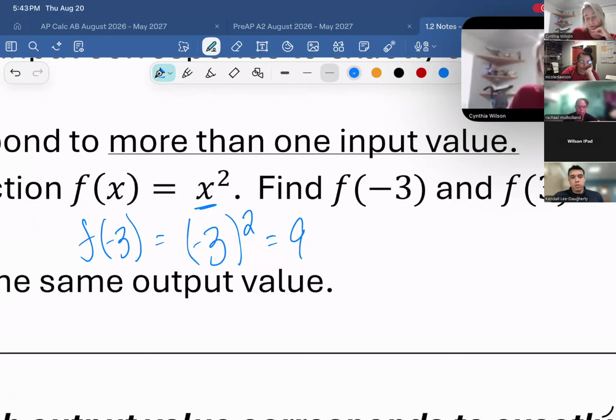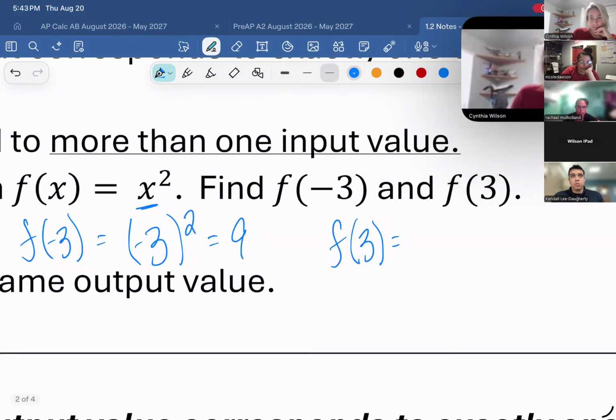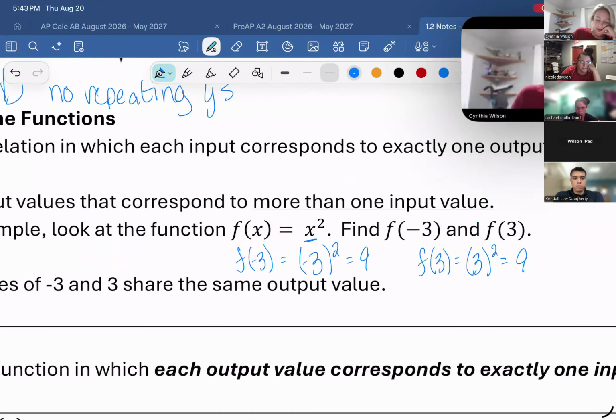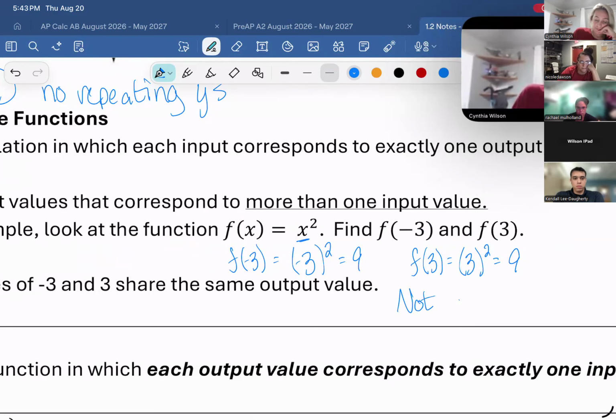Let's say I plug in the +3. We also get 9 there as well. So that's a repeating y, which means x squared is not one-to-one.